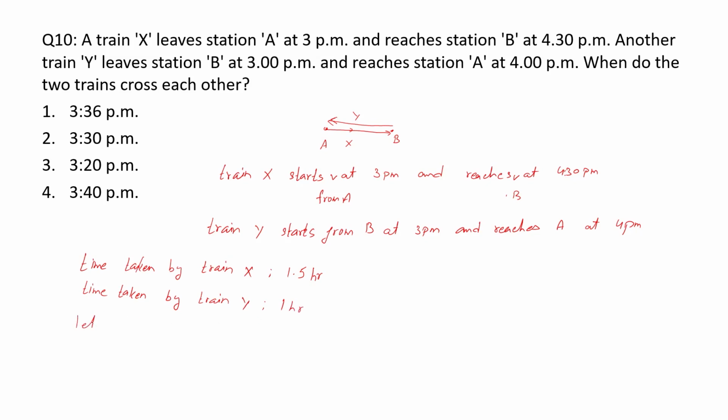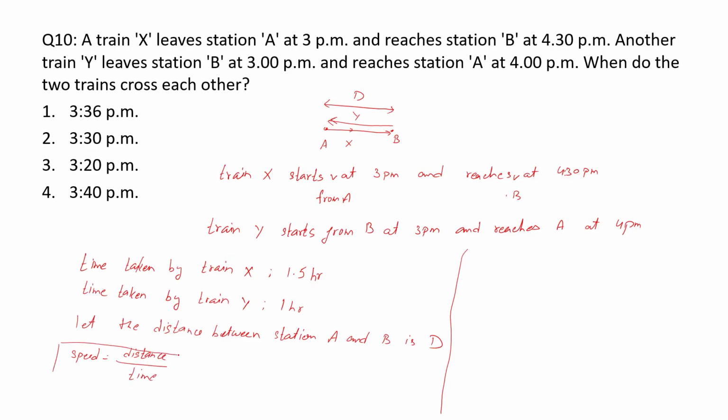So now let the distance between station A and B be D. What is the speed? If you remember, speed is equal to distance upon time. This is the formula for speed.